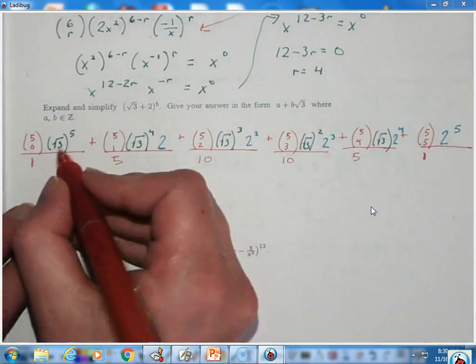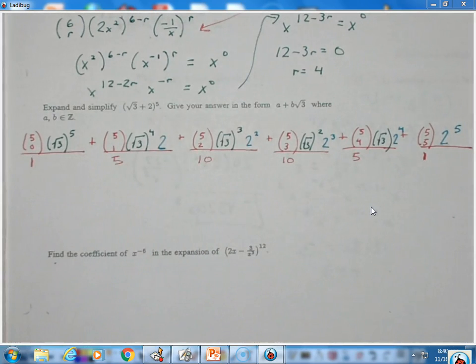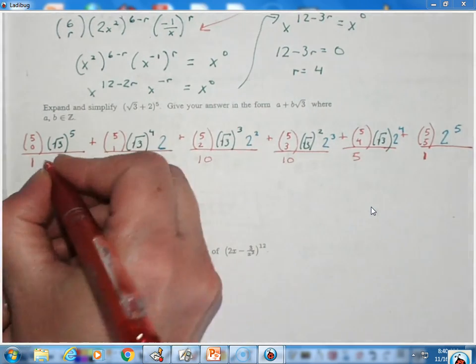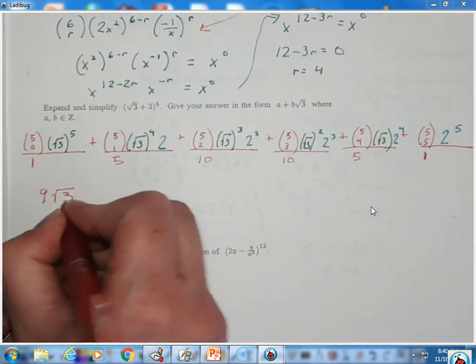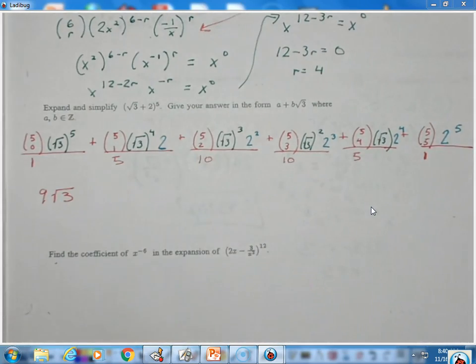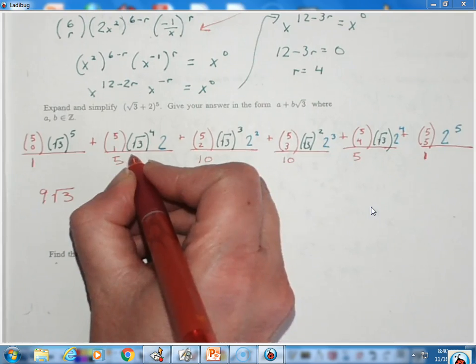Okay. Now, square root of 3 to the 5th is what we need to figure out. So what's the square root of 3 times the square root of 3? 3. So I'd have 2 sets of those. 9 root 3 is perfect. So I would have 1 times 9 root 3. Okay, and then square root of 3 to the 4th.